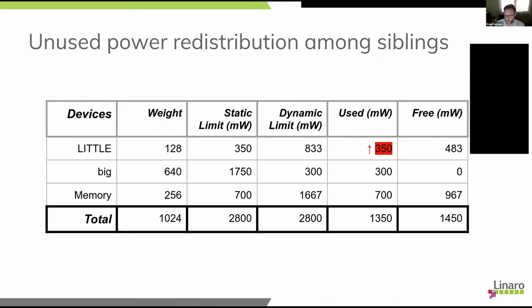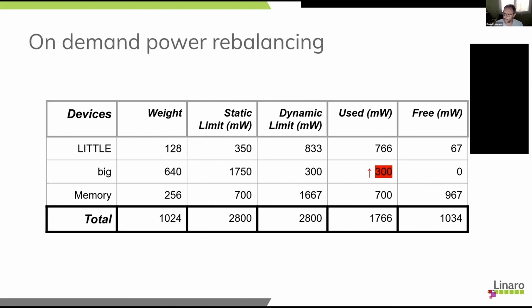And now let's imagine the little wants to have more performance, and then we increase in terms of performance. So the power consumption will increase, and now the big also wants more power, and the performance increases. Then it takes more.